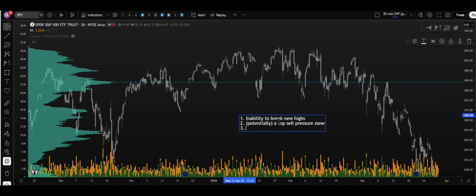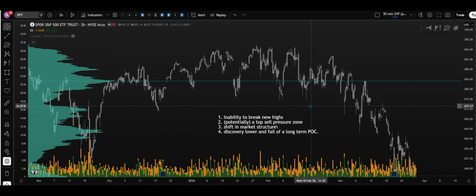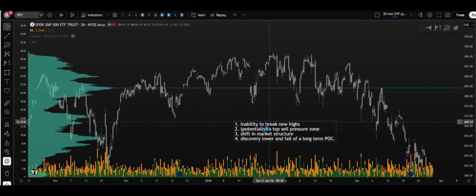And then three, we have a shift in market structure. And then four, which is the nail in the coffin, we have a discovery lower and fail of a long-term point of control. So that's the general criteria that I have to consider if a bear market is starting. So let's look at these in sequence right here.